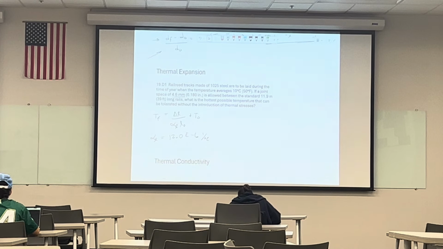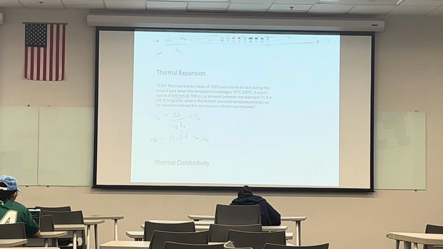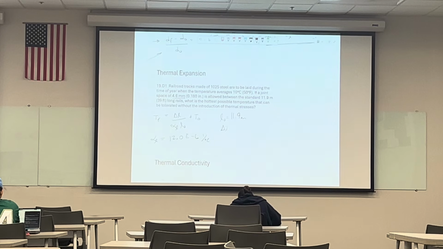Let me double check first. Yeah, so the 11.9, or sorry, 11.9 meters is the original length, and we know change in length is going to be that 4.6 millimeters.